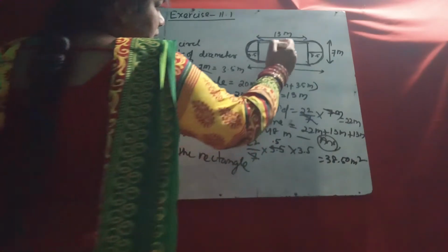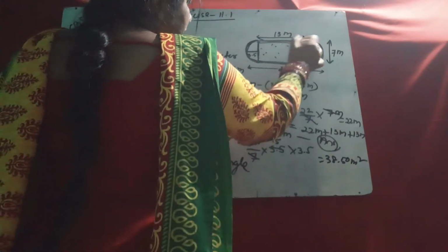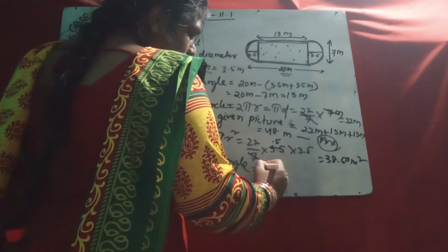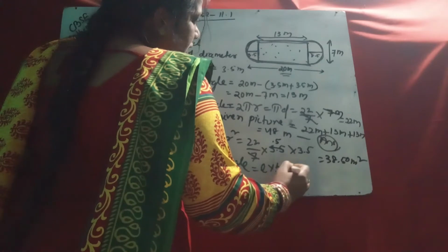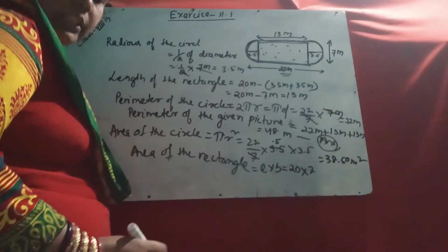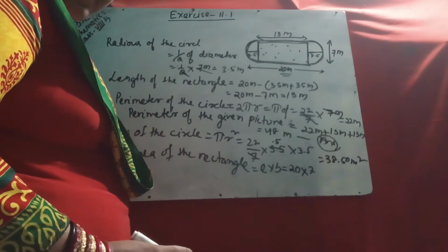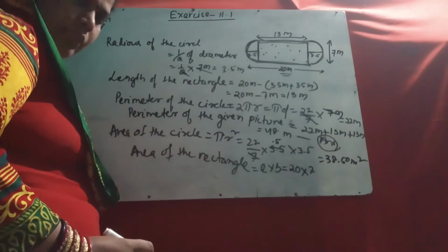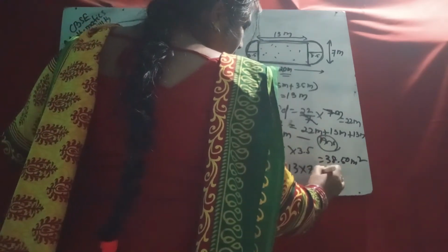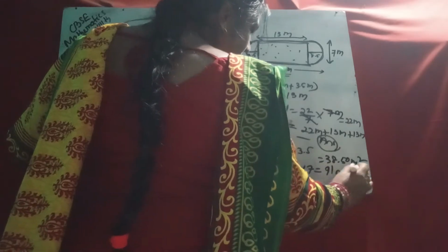Then the area of the rectangle, length into breadth, that is 13 meter into 7, that is 91 meter square.